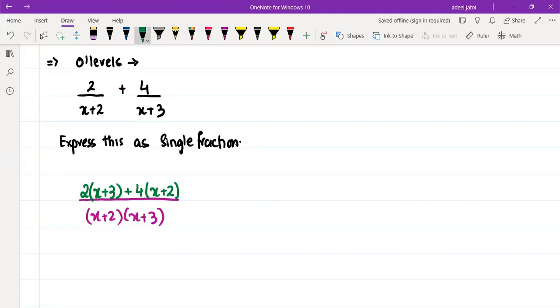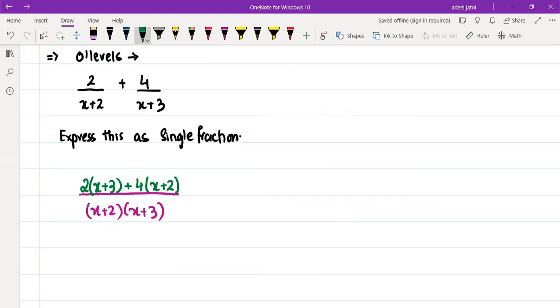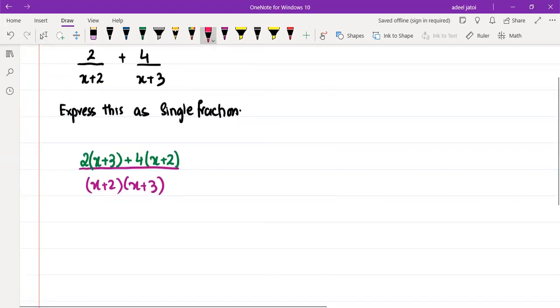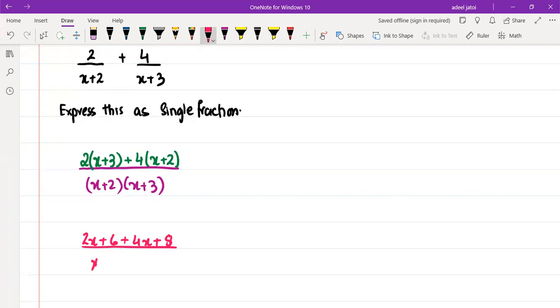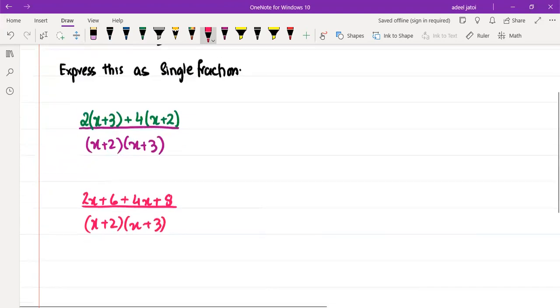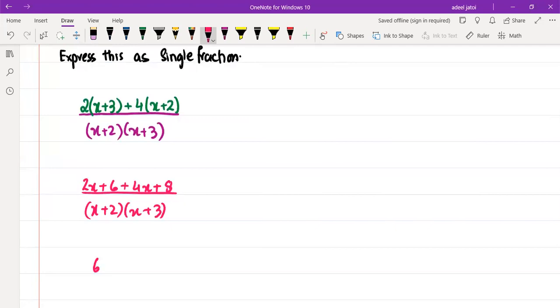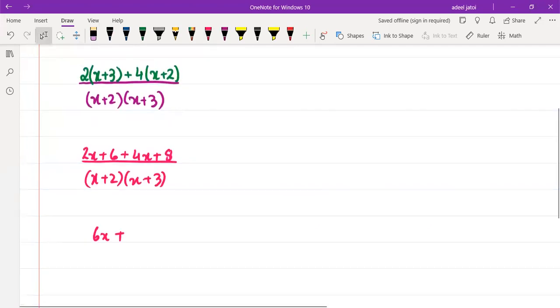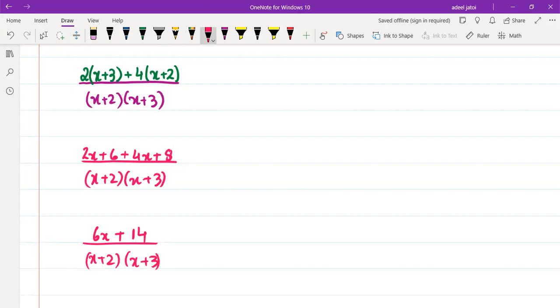If we just open the bracket, what we used to have was 2x, 2 into 3 is 6, plus 4x plus 8, over x plus 2, x plus 3. And following on, 2x plus 4x becomes 6x, plus 14, upon x plus 2 and x plus 3.